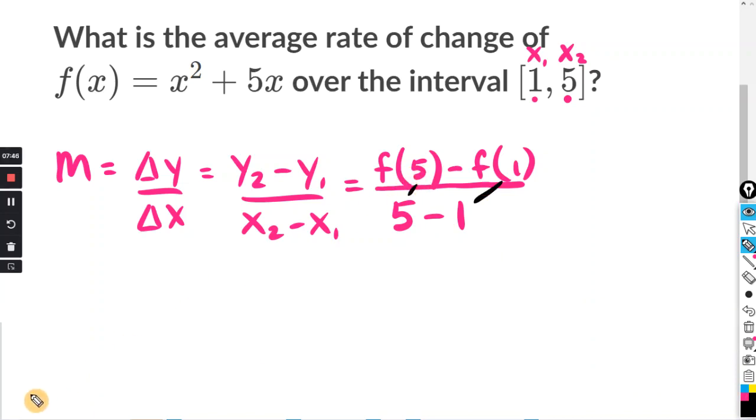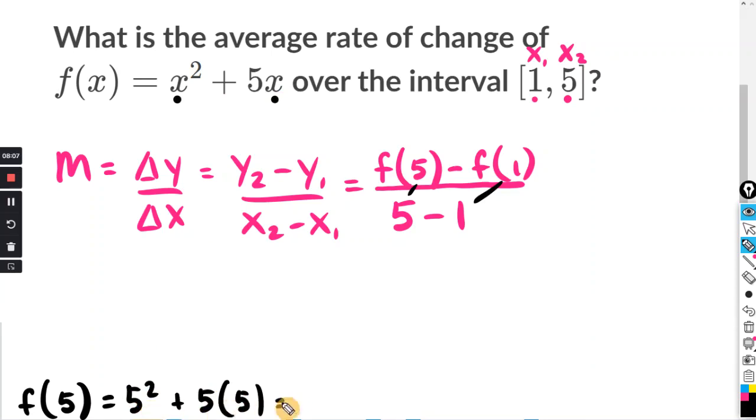f of 5 means we're just plugging in 5 in place of x. So that's going to be 5 squared plus 5 times 5. 25 plus 25 is 50.